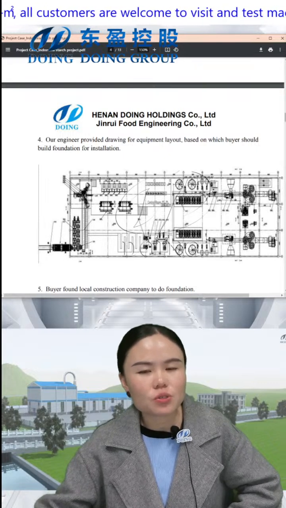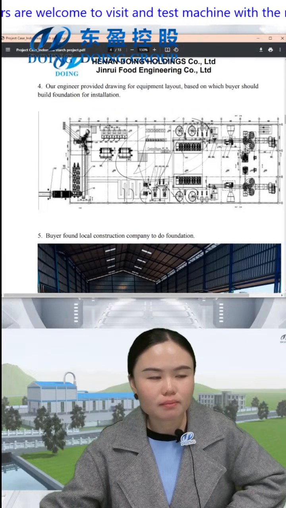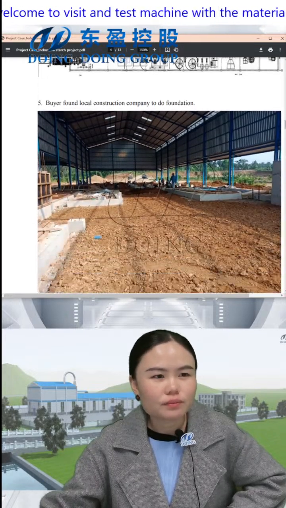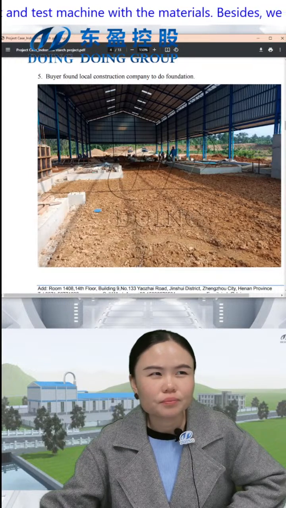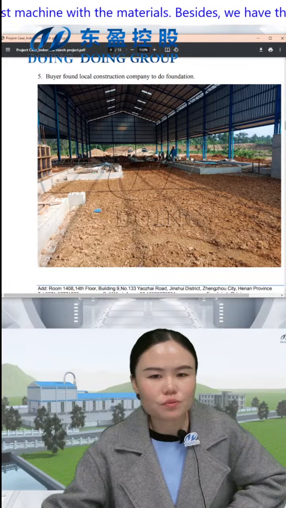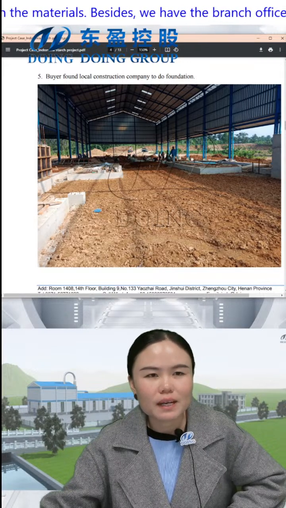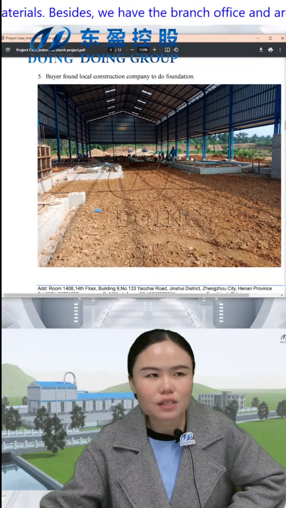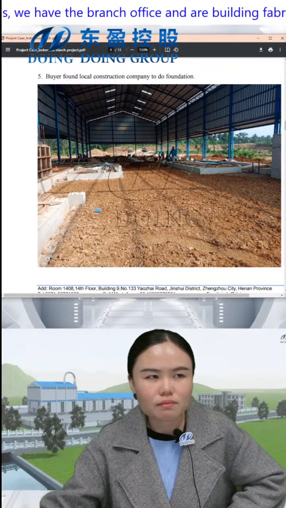The one I show you is the equipment layout drawing. This picture shows how the construction was done. The buyer found a local construction company to do the foundation works.